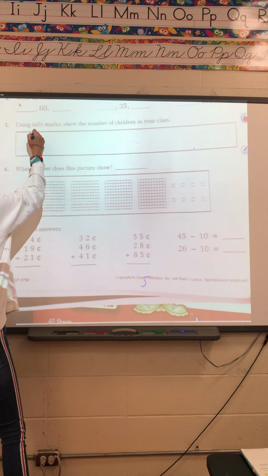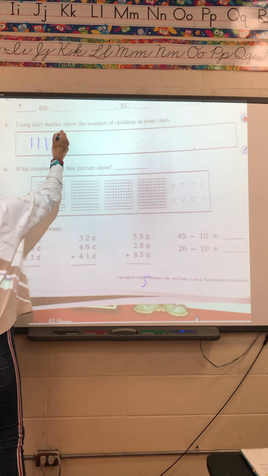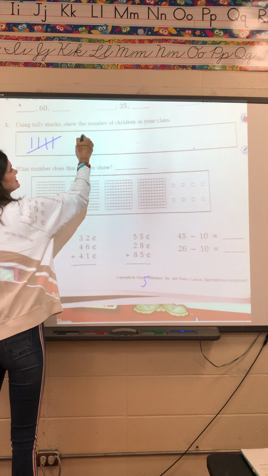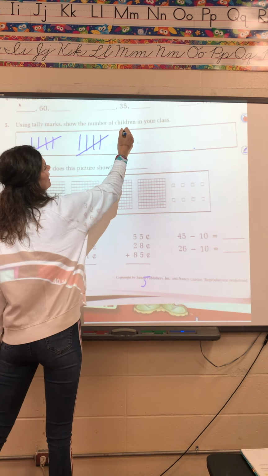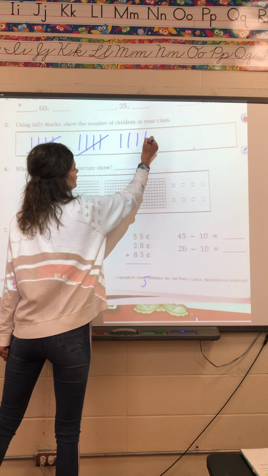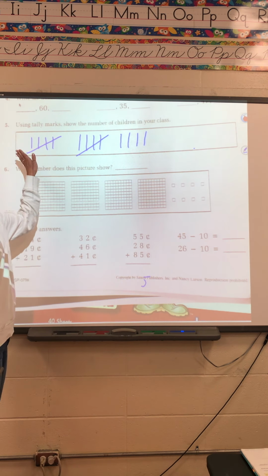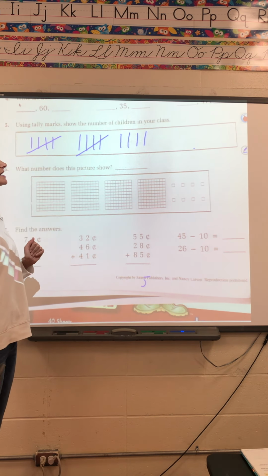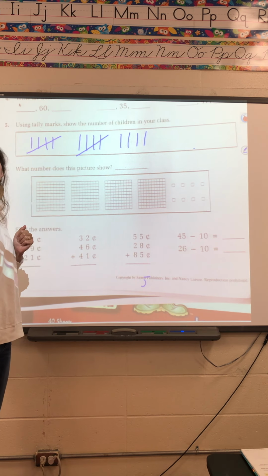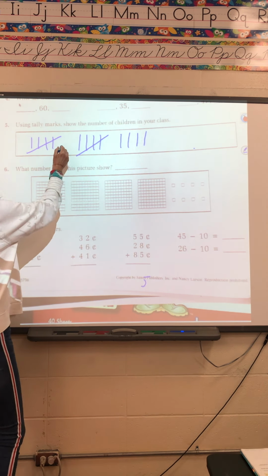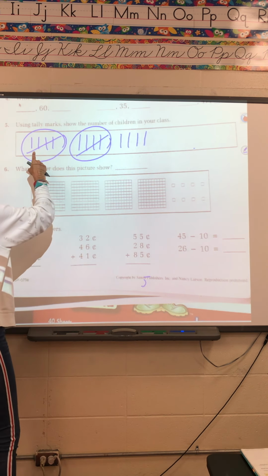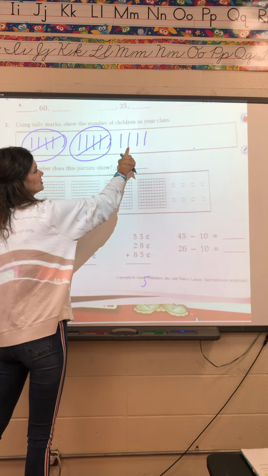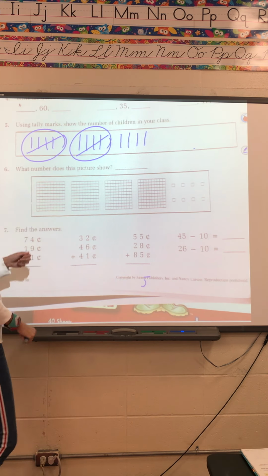So we're going to do 1, 2, 3, 4, 5, 6, 7, 8, 9, 10, 11, 12, 13, 14, right? So the number of children in our class, 14, using tally marks. Each group with a cross is 5, right? So 5, 10, 11, 12, 13, 14.